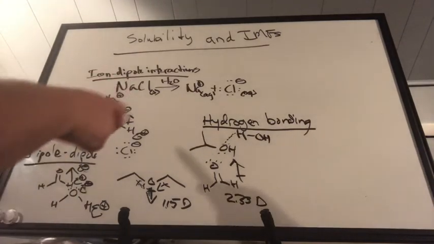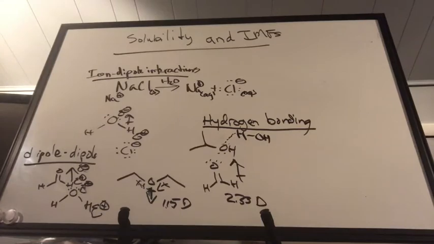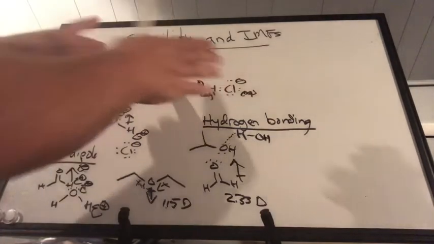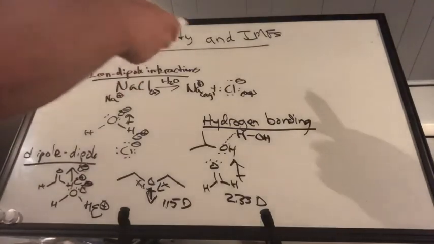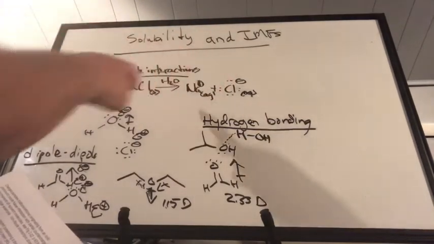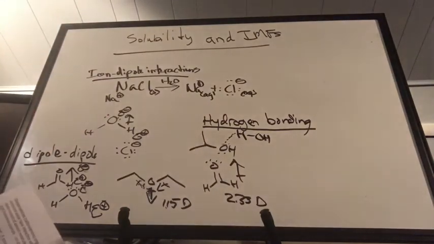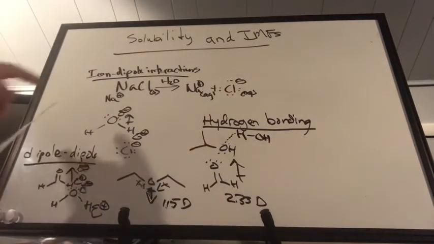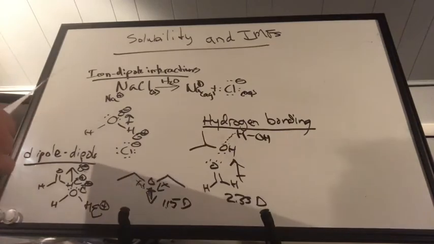Okay, so I kind of showed you where charged particles basically split off in terms of their charge, going up to a partial positive or partial negative, and that being the ion dipole.